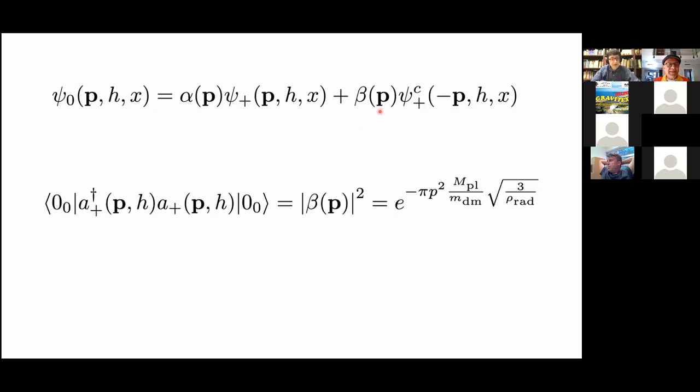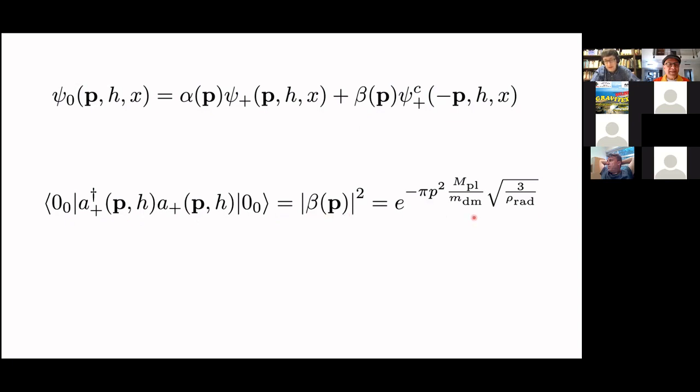A famous calculation shows that if we assume that the universe is really in this CPT symmetric vacuum, 0 sub 0, and we look at the expectation value of our late time number operator built from A plus and A plus dagger to estimate the number of particles according to us, the expected number of particles is given by the square of this beta Bogoliubov coefficient.